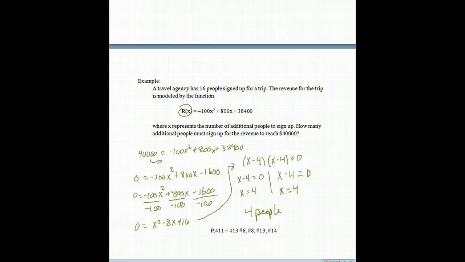Factoring this down, we find that negative 4 is a multiple. We multiply negative 4 times negative 4, we get positive 16. Add it, get negative 8. And you end up getting the same answer on both sides. So there's only one answer then. And what that means at the end is that 4 people are needed for the revenue to go up to $40,000.